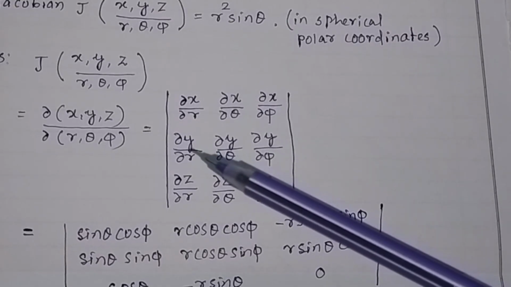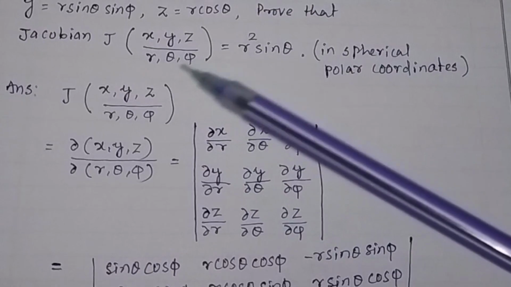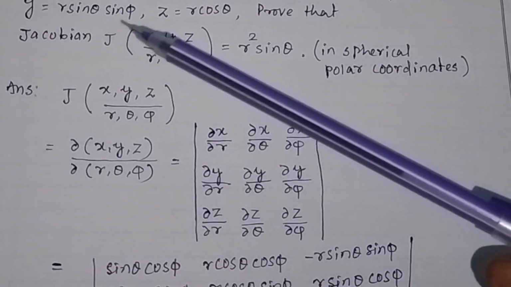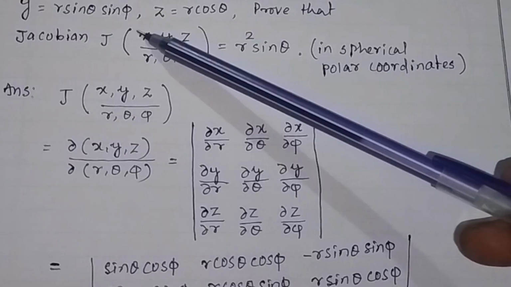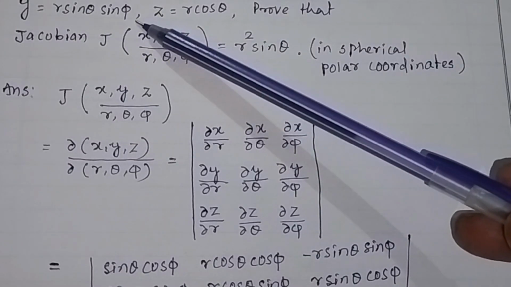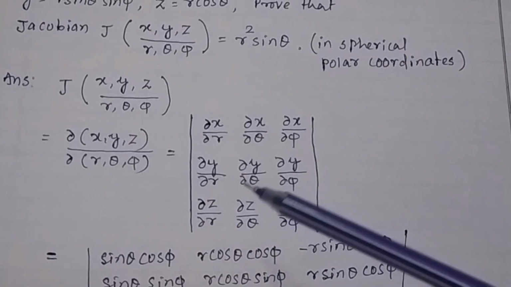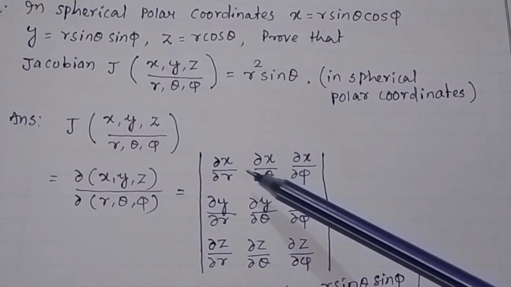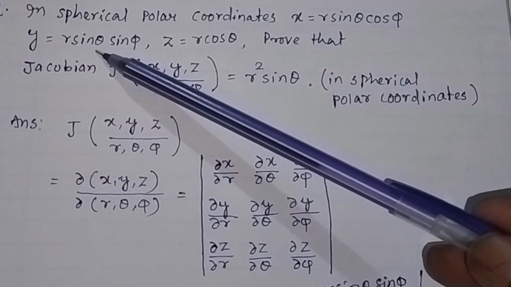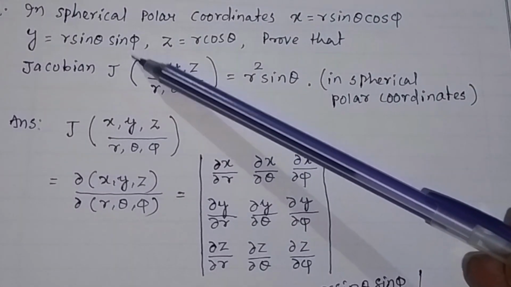Then the partial derivative of y with respect to r: y is given as r sin theta sin phi, so the partial derivative of y with respect to r is equal to sin theta sin phi. Then the partial derivative of y with respect to theta will be r cos theta sin phi.